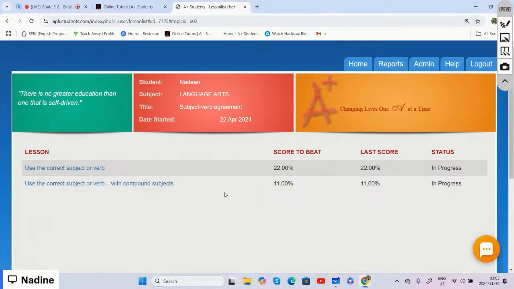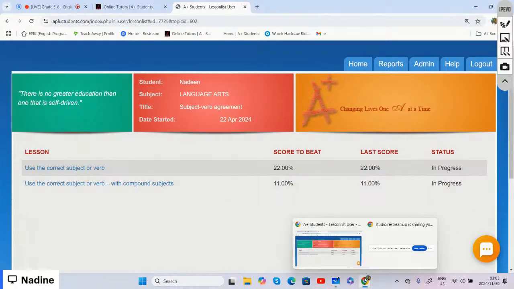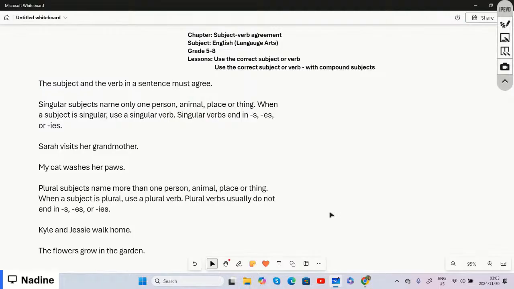All right. So our chapter is subject verb agreement. Our subject is English language arts. We're doing grade 5 to 8.